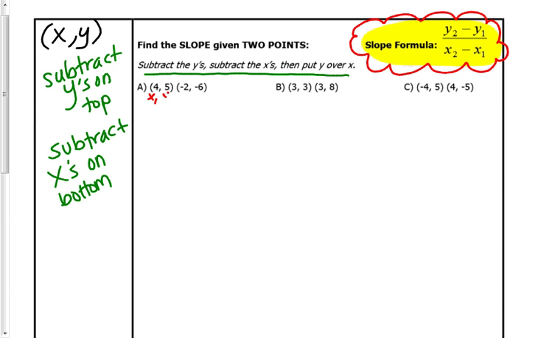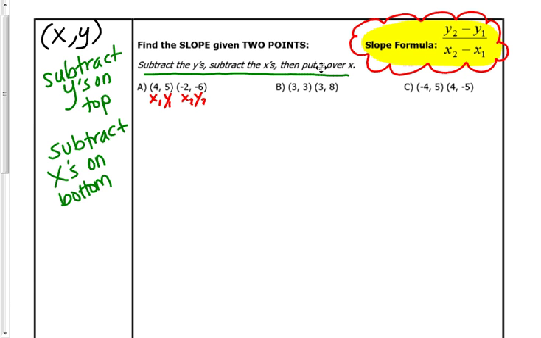This 5 is going to be my first y, so we call that y1. Or what we can do is we know that this is the first point, right? This is the x, this is the y, this is the x, this is the y. So these are from my first point, so we name them 1 and 1. The -2 and the -6 are from my second point, so we name them x2, y2. So that's where that y2, y1, x2, x1 comes from.